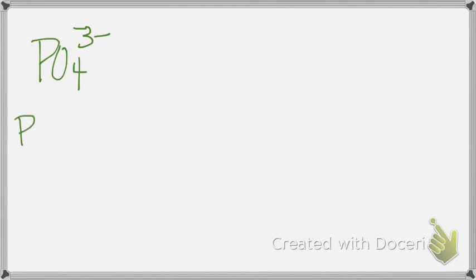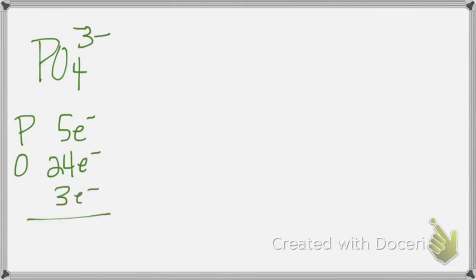So phosphorus, how many valence electrons? 5. And then for oxygen, we have 24. How did I get those? 6 times 4, right? And then we got to add in the 3 electrons. So we have a total of 32. Thank you. Okay. So we're going to draw our skeletal structure.